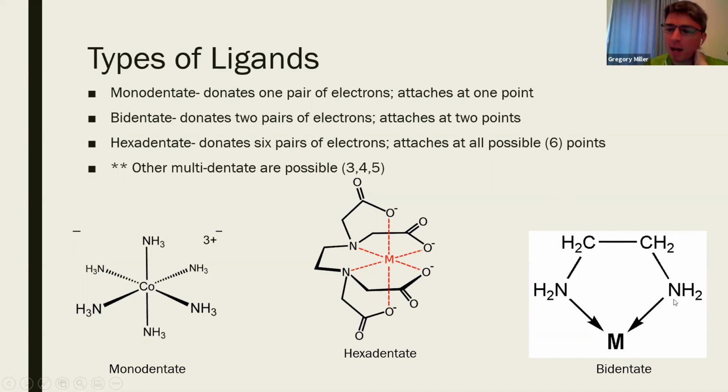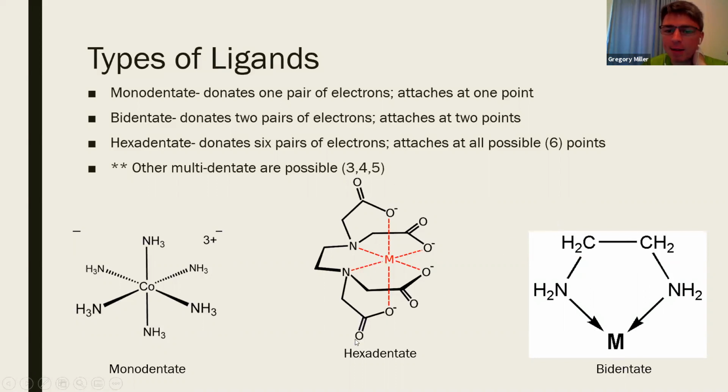We have, again, an ammonia center, but this whole molecule is linked together. So this molecule attaches to a metal at 2 points, making it a bidentate ligand. Again, it donates 2 pairs of electrons, 4 electrons total, and attaches to your metal center at 2 different locations. And that's all ligands do.